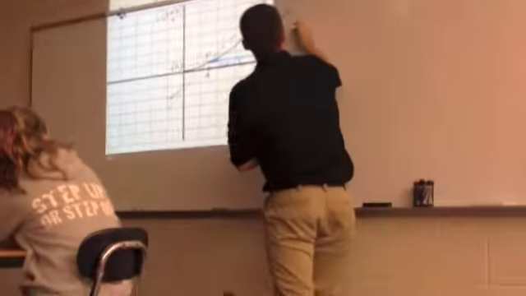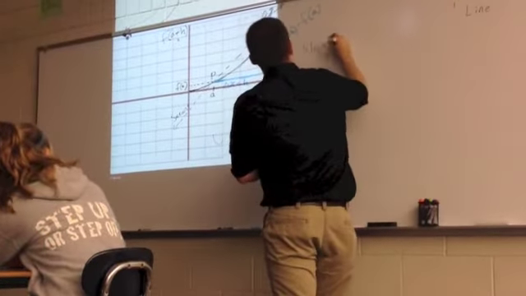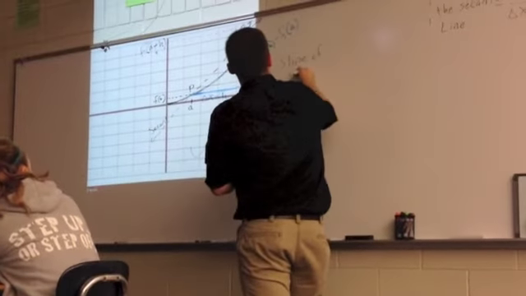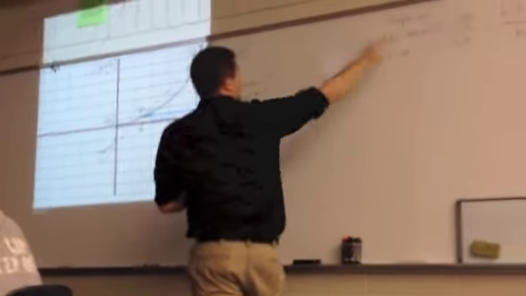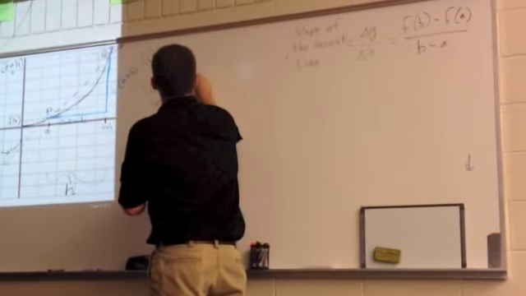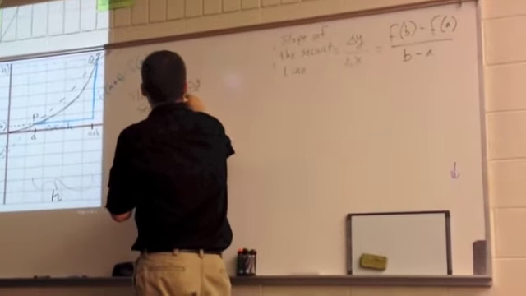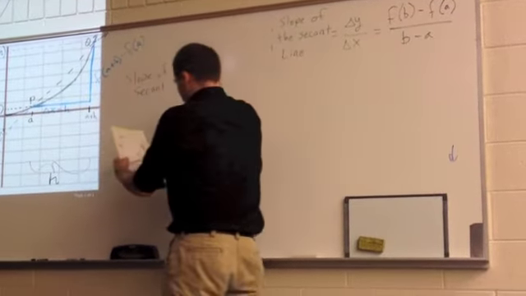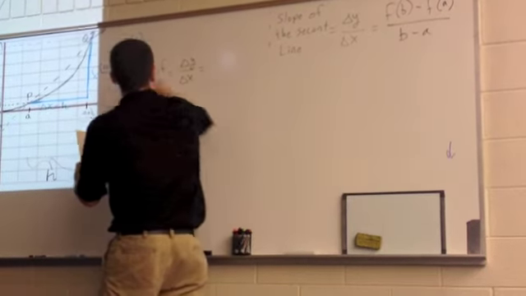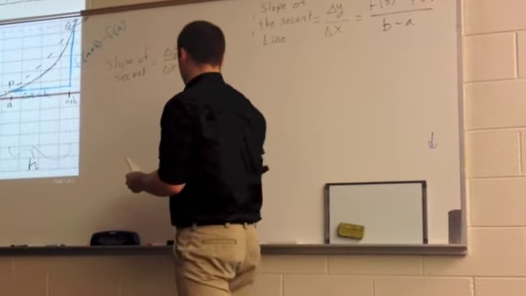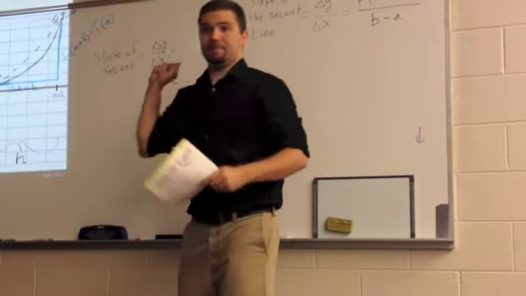The slope of the secant. You guys would all know this. You would say the slope of the secant, we already said it over here, was delta y over delta x. And you just told me here that this was what? What was delta y? f of a plus h.